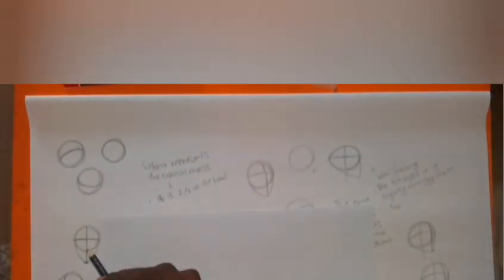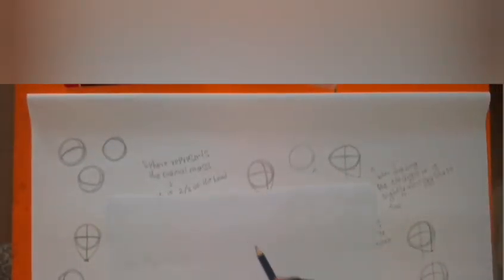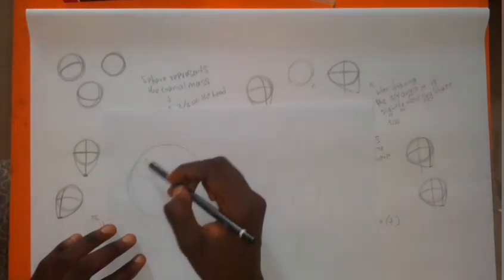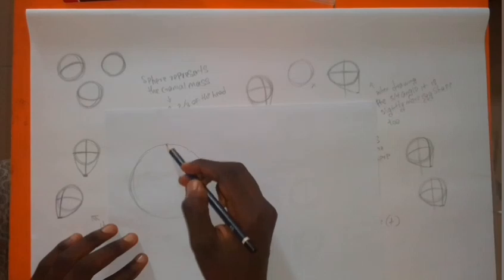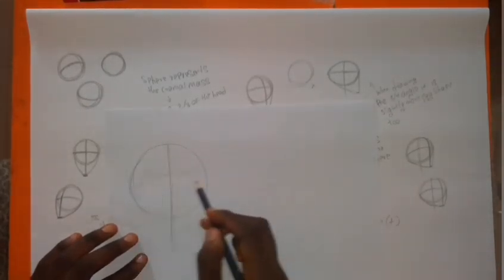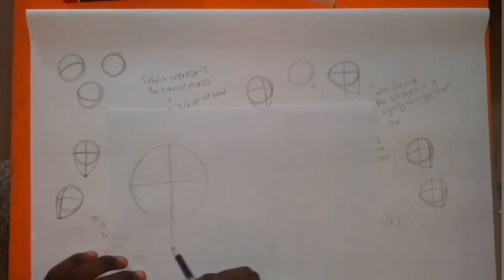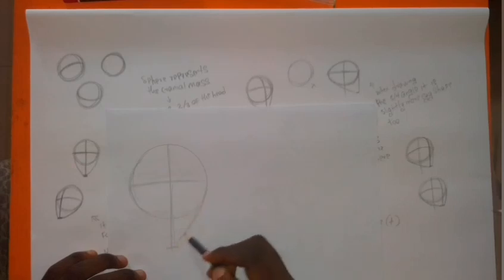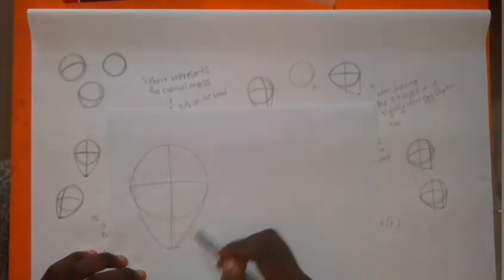So let's go over the steps again, drawing the front, side, and three-quarter view. Basic sphere, then center line, then we divide the sphere in half, add the jawline, two curves on the side of the head down to the bottom of the head.